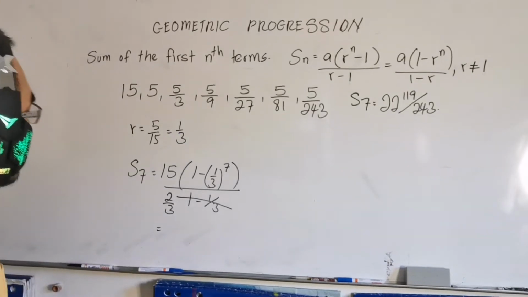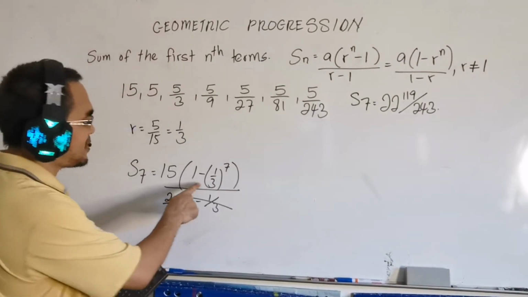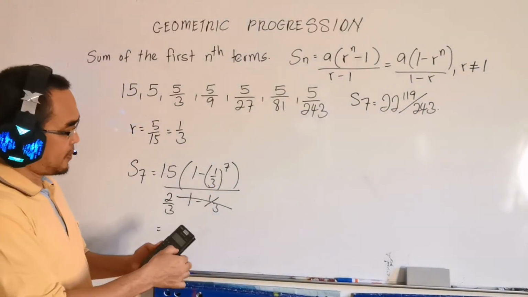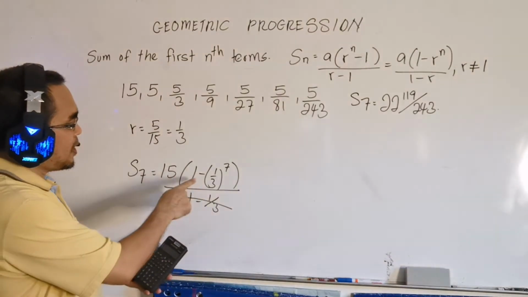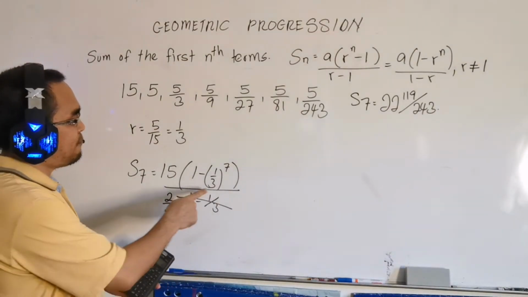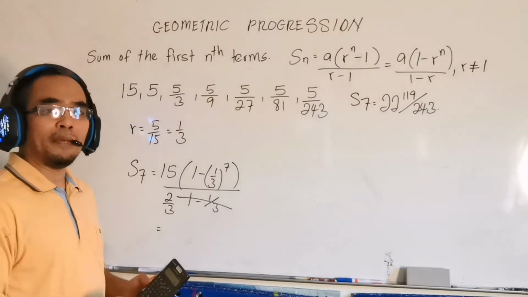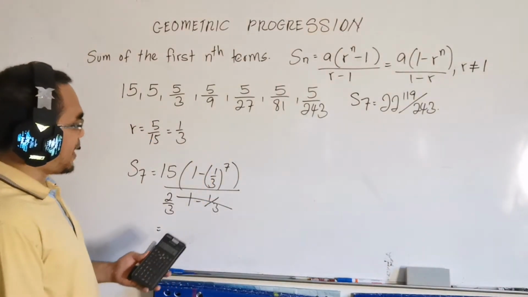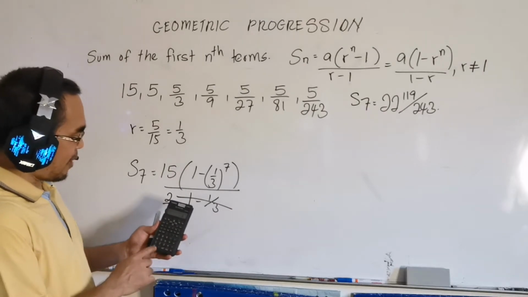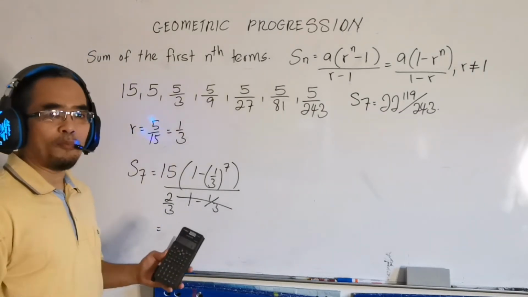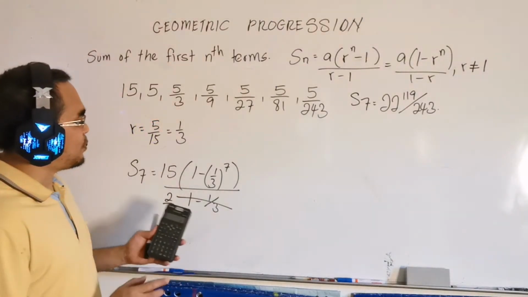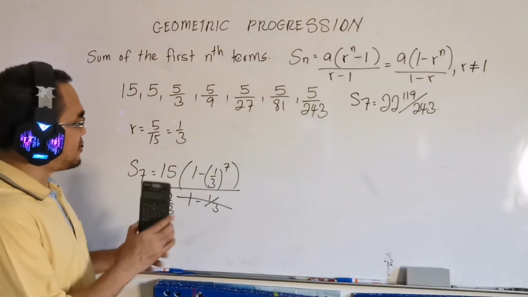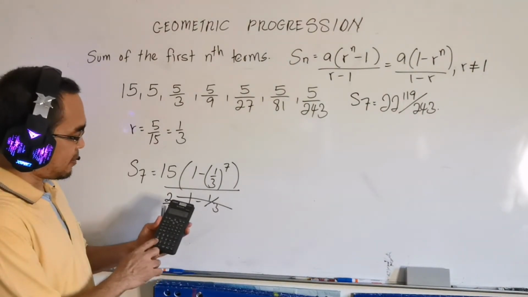In order not to complicate the method, you just calculate inside the bracket. The first thing to calculate manually would be (1/3) to the power of 7, but using a calculator we don't have to bother about the order of operations. It's just that we have to instruct the calculator to calculate correctly.